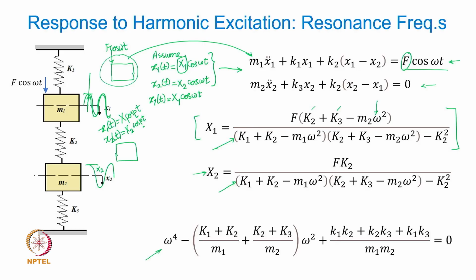This frequency equation is exactly the same as the one which we obtained by assuming harmonic solution for both masses, and this was just the same expression. So it actually means that this equation will give you two values of the frequency, in this case the forcing frequency, where amplitudes will reach infinite value.